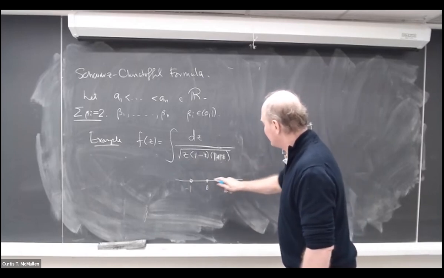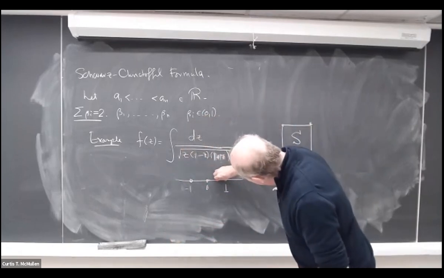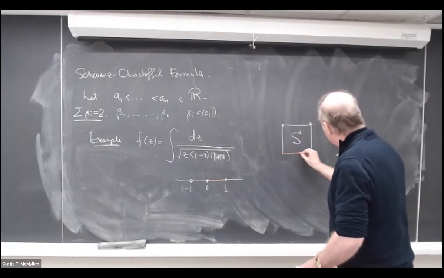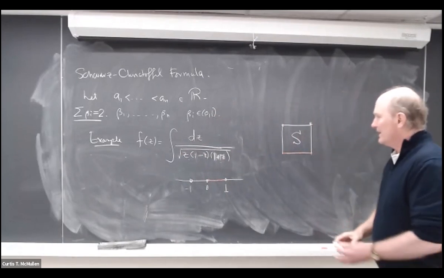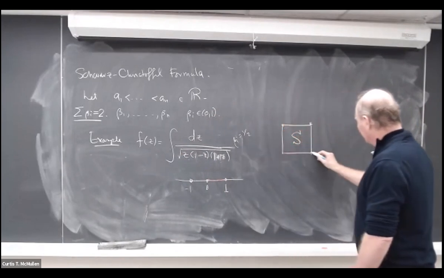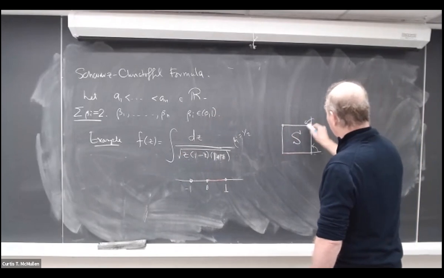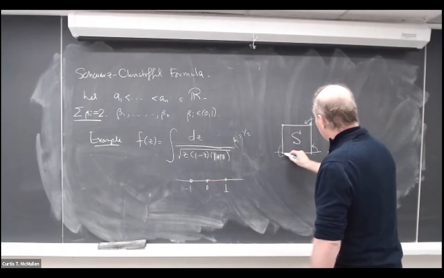So we can take the positive branch of the square root there. So then this interval here will get mapped to the lower side of the square. The exponents beta_i are 1/2. So there will be a 90-degree turn here, and a 90-degree turn here, and a 90-degree turn here.